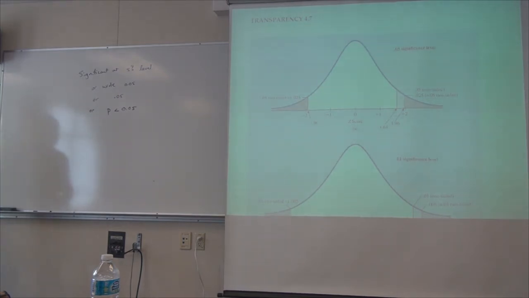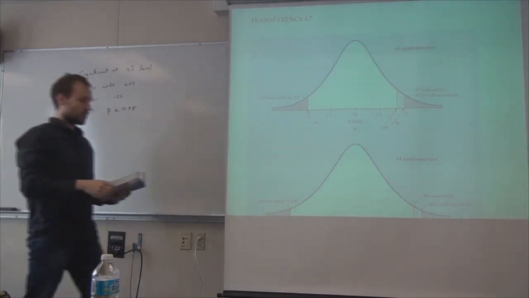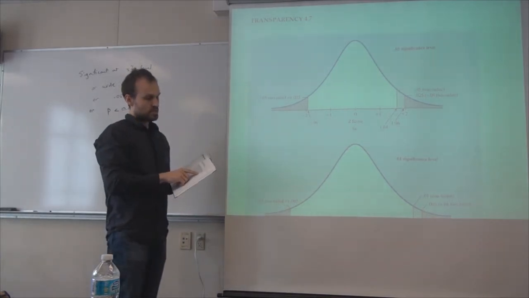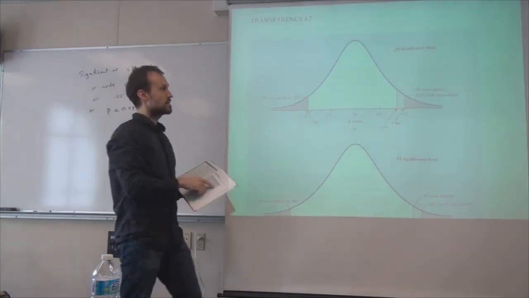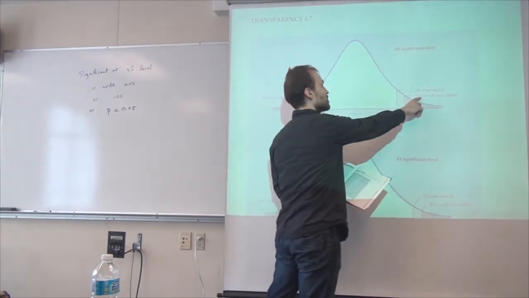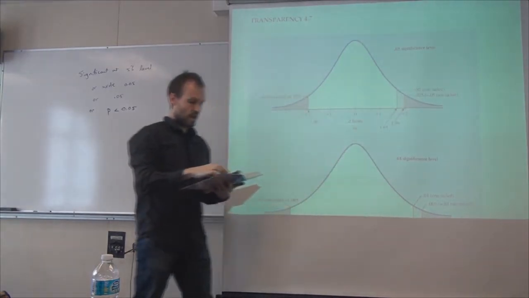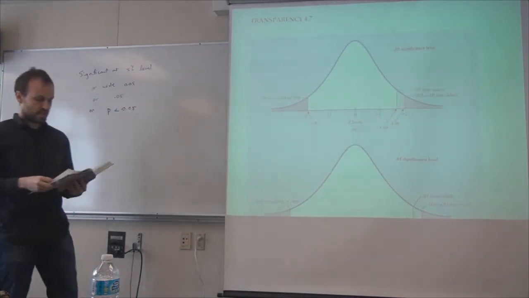Yes? Where are you getting the 1.96? In the Z table. If you pass me the book, I can help you look. My book is in my office. Very convenient. So now I'm looking for the two columns, the percentage in the tail, and that probability is 0.025 or 2.5%.